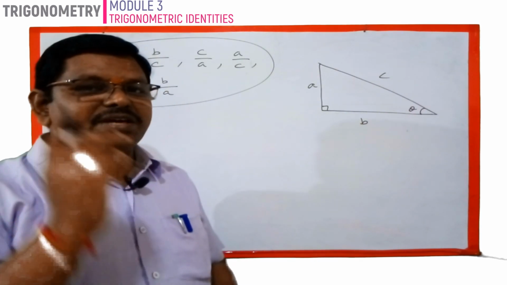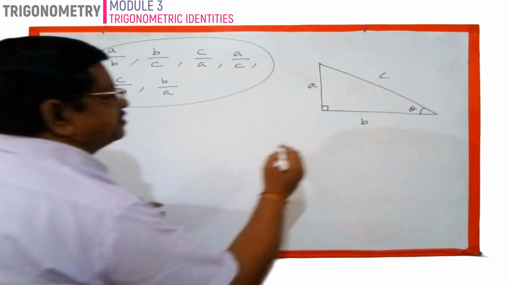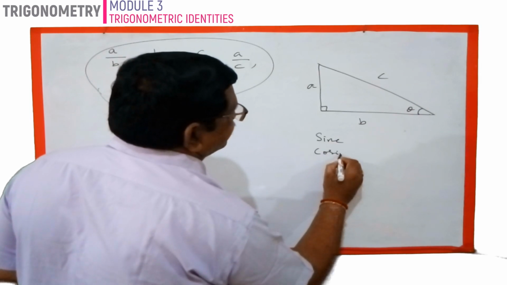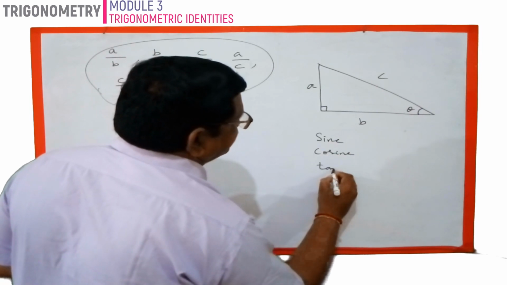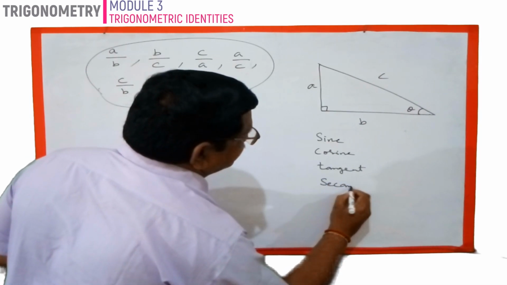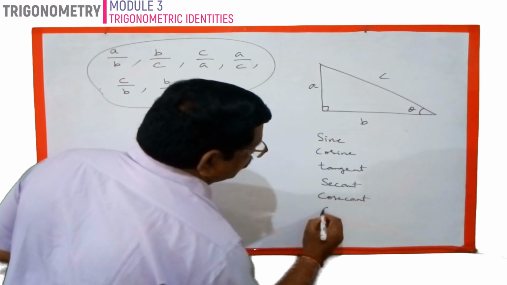Now we are going to give them some names. Those names are sine, cosine, tangent, secant, cosecant, cotangent.